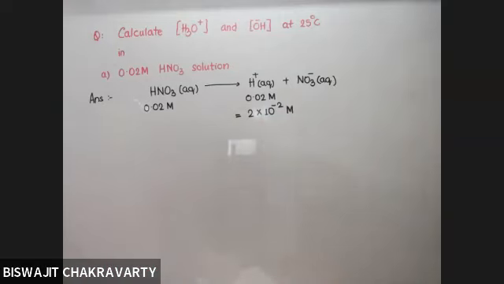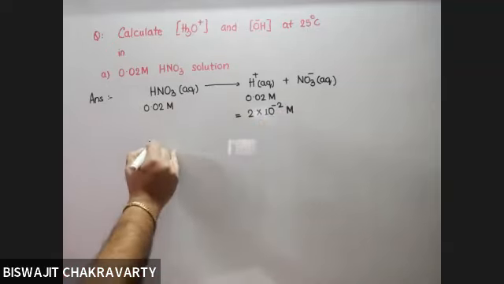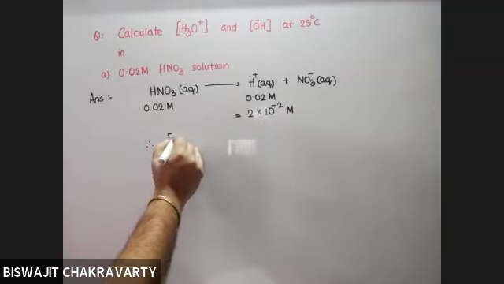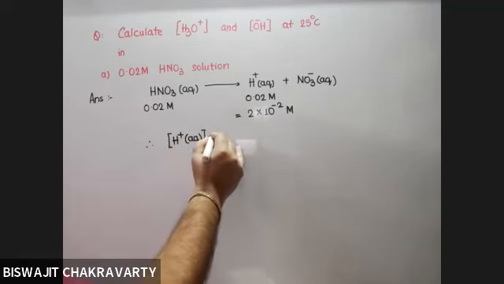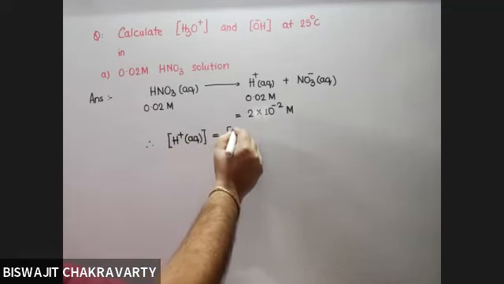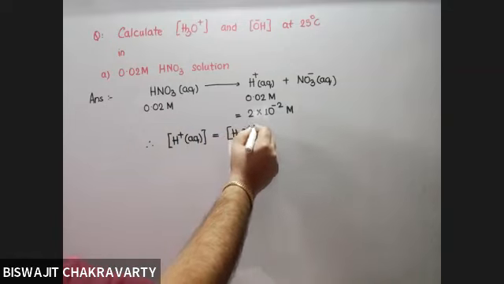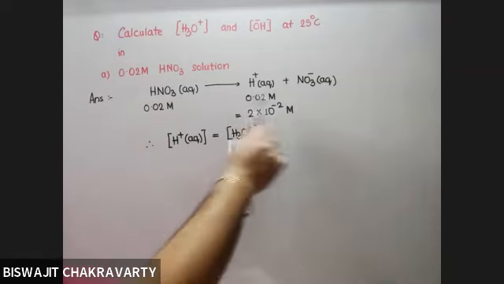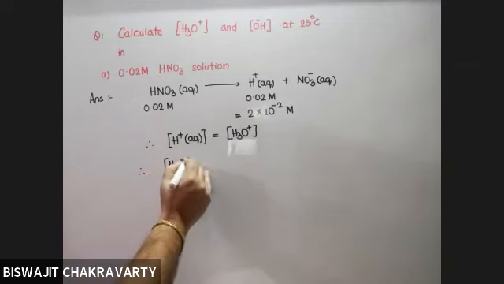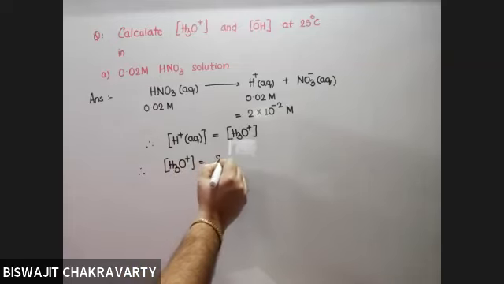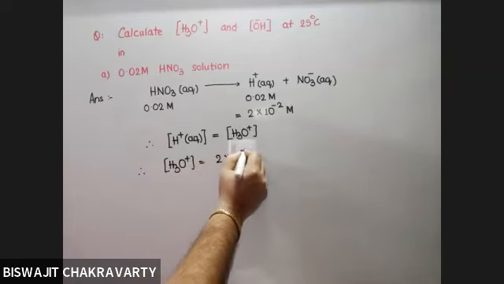H+ aqueous and H3O+ are the same thing. When I write H+ aqueous, it is same as writing H3O+, so don't think they are different. So we get the concentration of H3O+ as 2 into 10 to the power minus 2 molar.